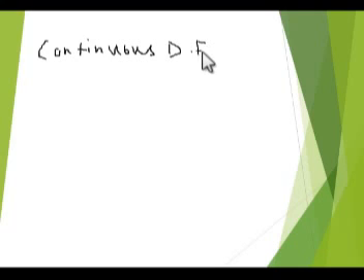Now I will discuss continuous distributions, continuous distribution functions. There are also several types of continuous distribution functions, and I want to discuss some important ones. First, the uniform distribution, also called rectangular distribution.